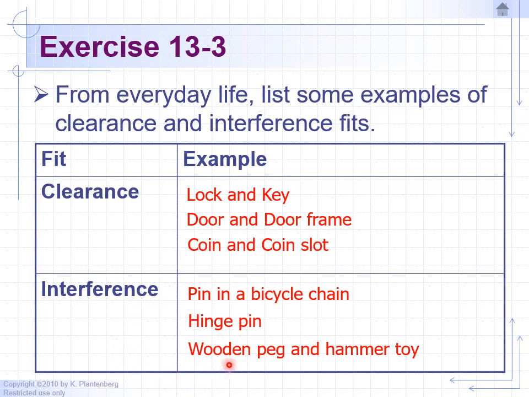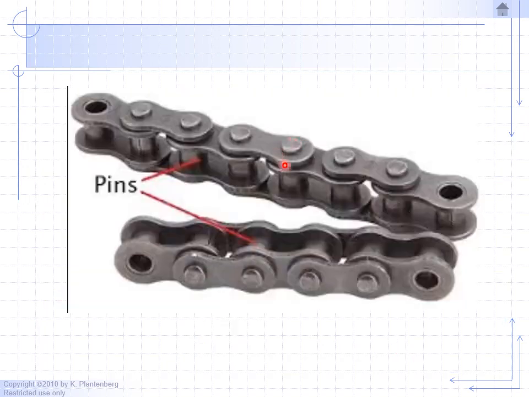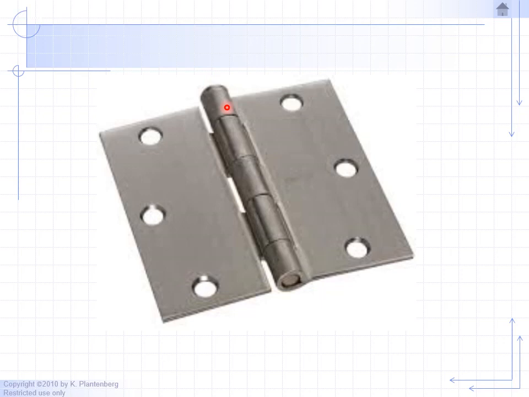Another good example is also a wooden peg and a hammer toy. There's always interference. The hole is always smaller. Once again, interference example. The pins in a bicycle chain are just slightly larger in diameter than the holes, or else the pins will slip out. Same thing with the pin. You want the pin to just be slightly larger in diameter than the holes in the hinges.